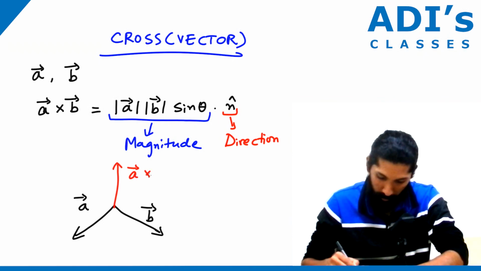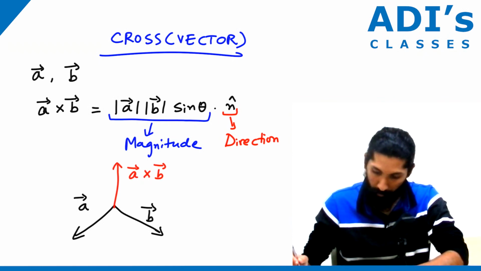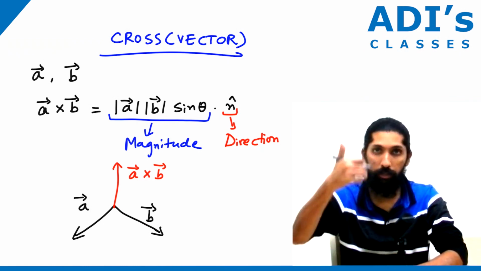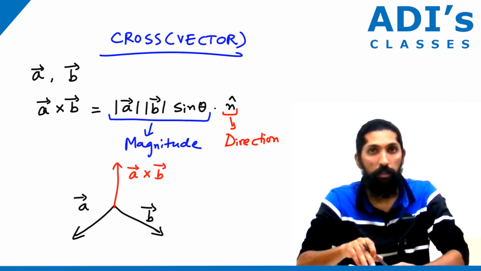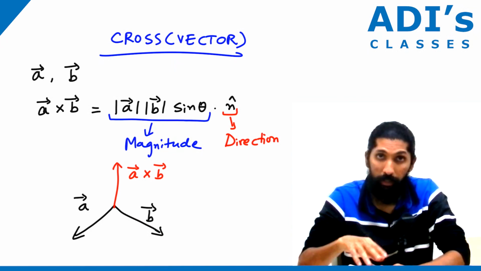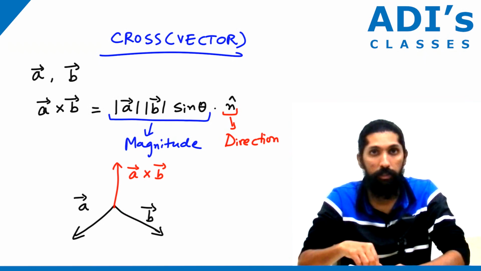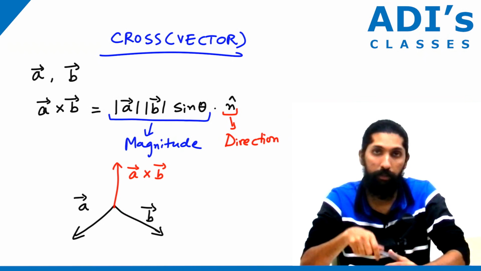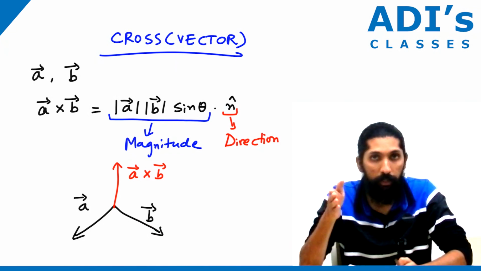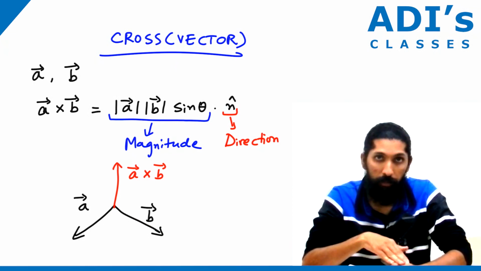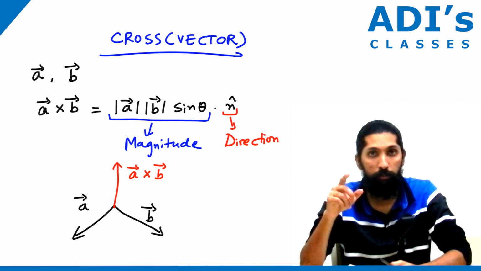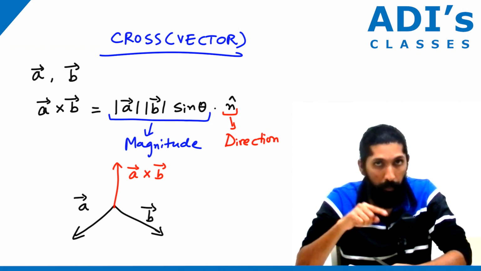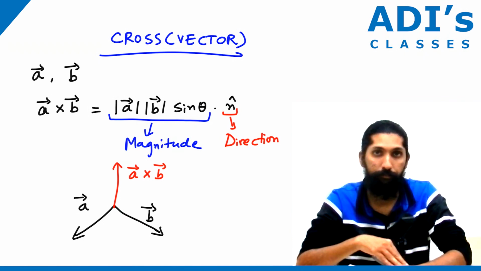This is A cross B. So you're going from A to B, so the direction is upwards. That means the cross product or vector product between any two vectors is always perpendicular to the plane containing the two vectors. That means if vector A and vector B are in the xy plane, then the cross product between these two is going to be along the z axis, which is perpendicular to the xy plane.